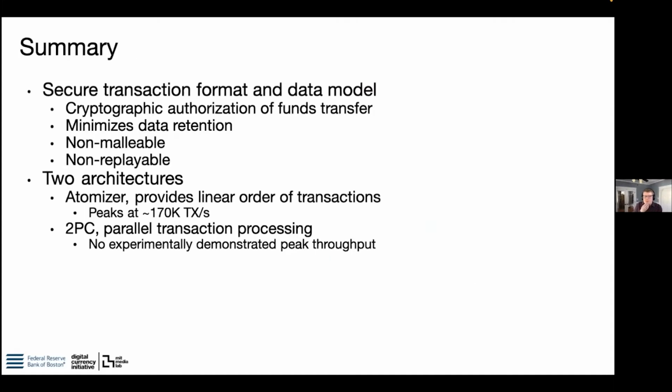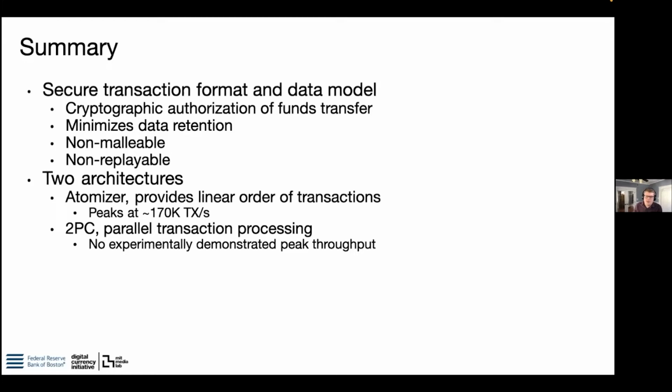So in summary, what I talked about in this section of the webinar is that we built a secure transaction format and data model. We employed a format which uses cryptographic authorization of funds transfer, which was really important from both a security and also a flexibility perspective. We didn't want to necessarily build identities into this part of the system or talk about whether intermediaries were required.